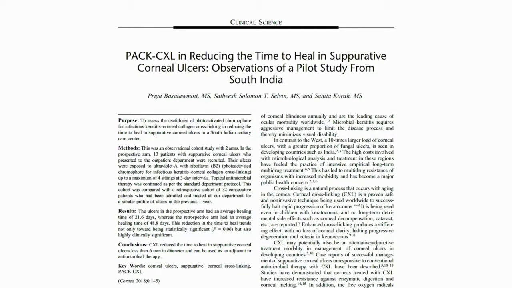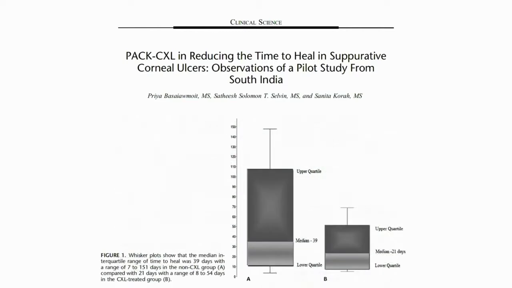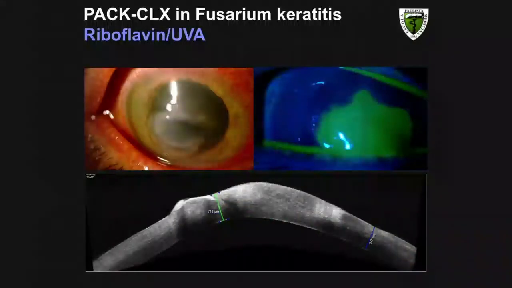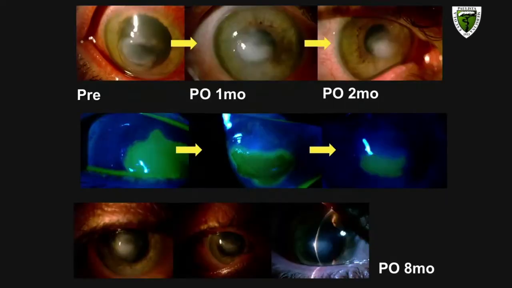In terms of clinical cases, some case reports from India show good results in decreasing the time of resolution of some fungal ulcers. We also observed in Brazil some cases that responded well, especially when you have a more superficial infection caused by a fungus.